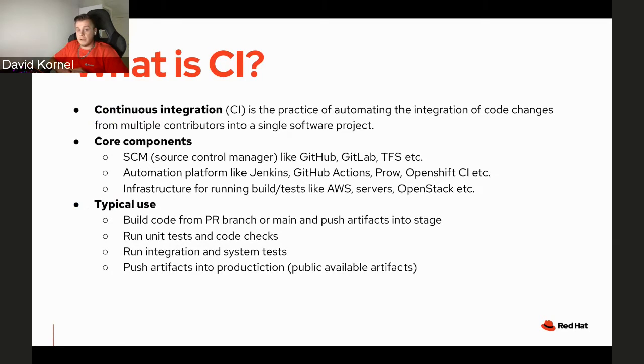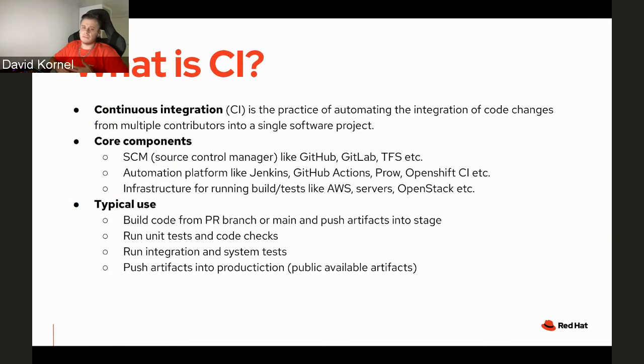And the last thing you really need for CI is an infrastructure. You can have your own bare metal servers or static VMs, or use a cloud provider for infrastructure as a service like AWS, OpenStack. Some automation platforms also provide this infrastructure as a service. For example, GitHub Actions also provisions a container for running your tests, so you don't need to care about it.